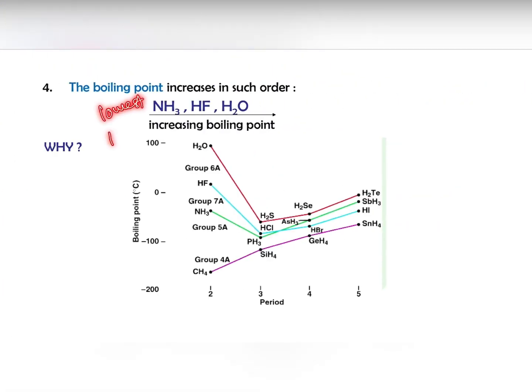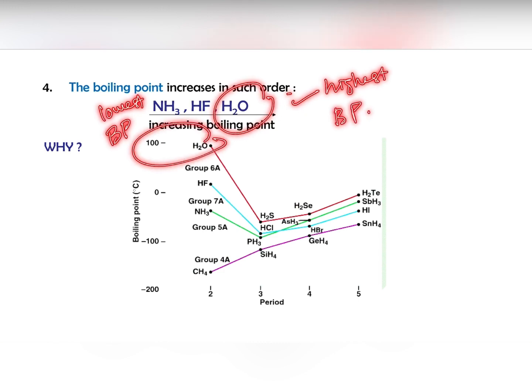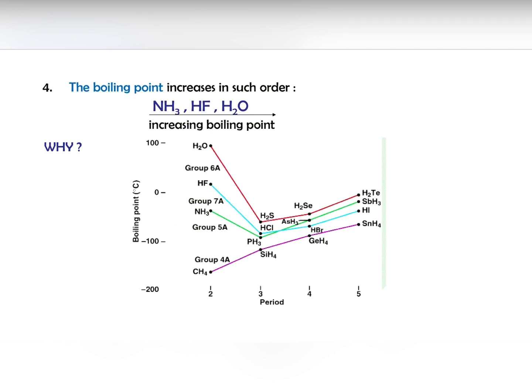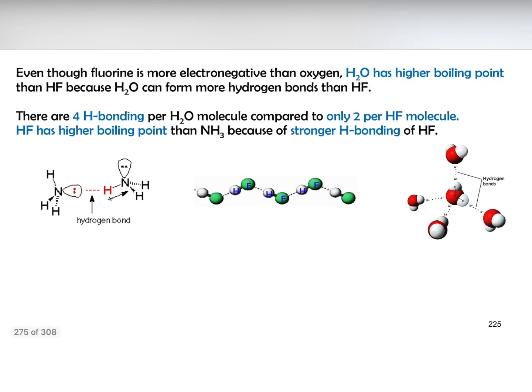You can see NH3 has the lowest boiling point and H2O has the highest boiling point. Okay, so daripada graf ni kita boleh nampak dia punya value. Okay, so kita tengok balik dekat dia punya formation of hydrogen bond.